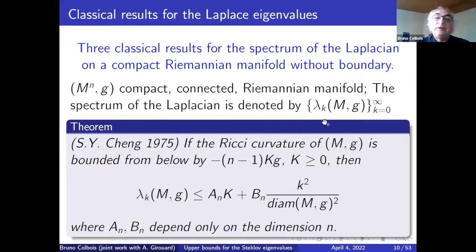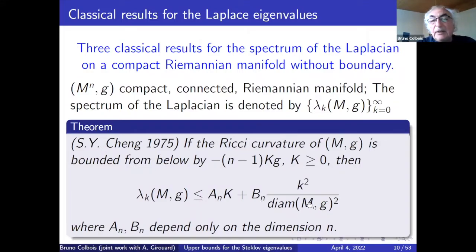You make the following hypothesis: you have a lower bound on the Ricci curvature. Under this lower bound for the Ricci curvature, you have an upper bound for the k-th eigenvalue of the Laplacian with two terms. The first term is more or less a constant, depending on the dimension, times the number which gives a lower bound.